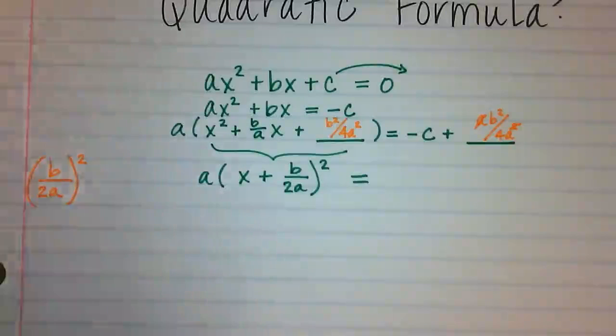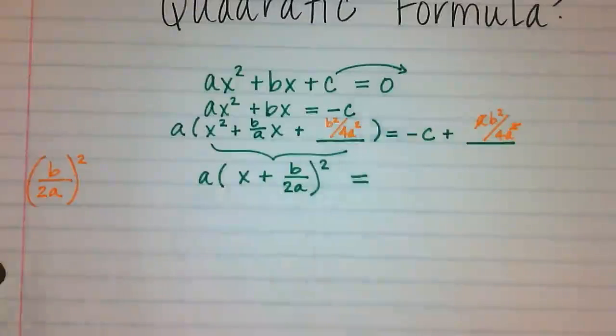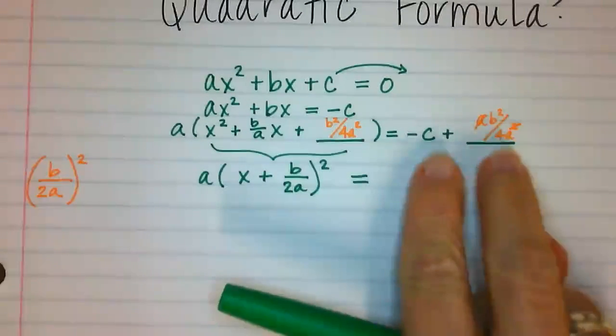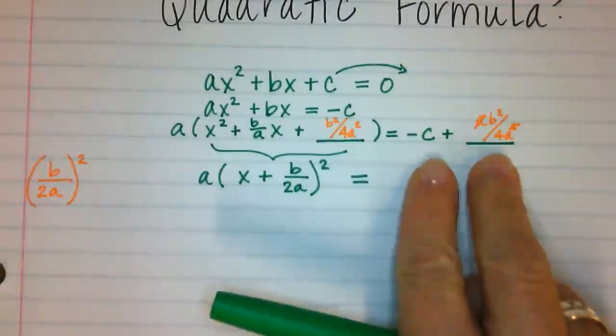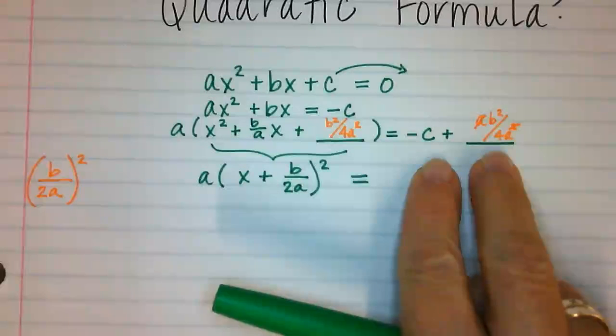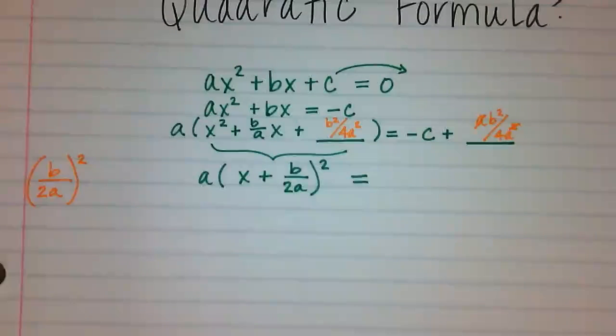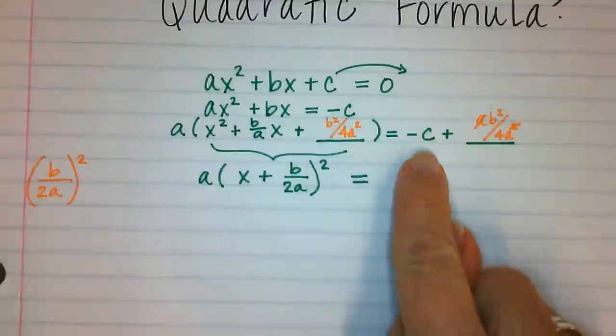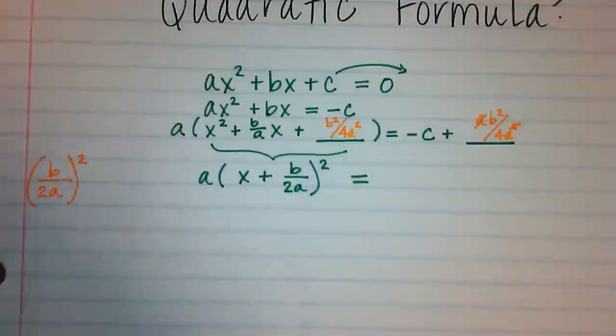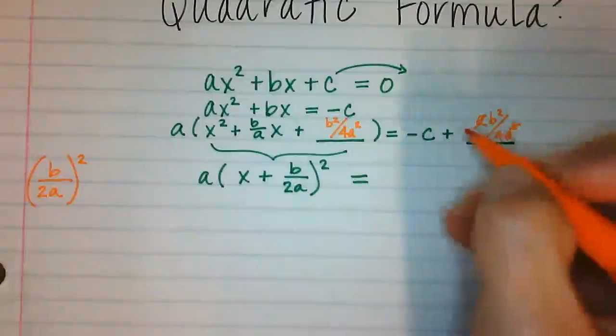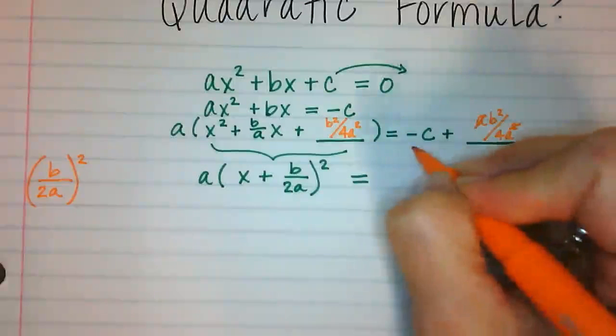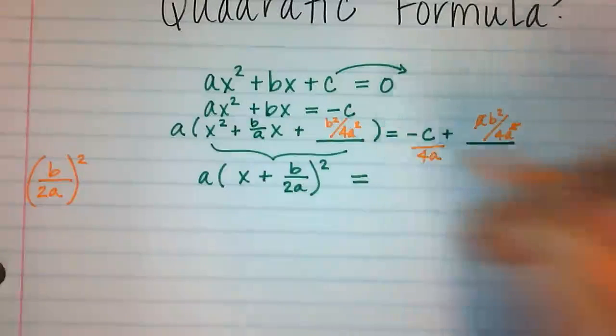All right, so now over on this side, I need to add these two things together. In order to add them, we need a common denominator. If we have negative c, that's going to be over 1, but what we need is for this to be over 4a.